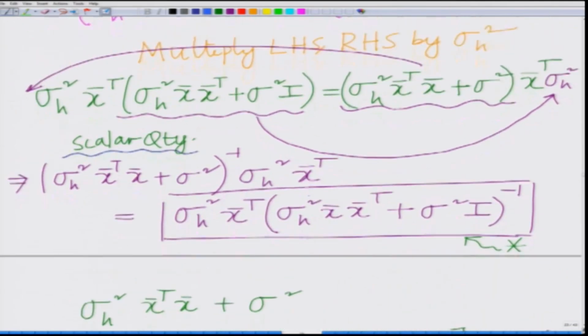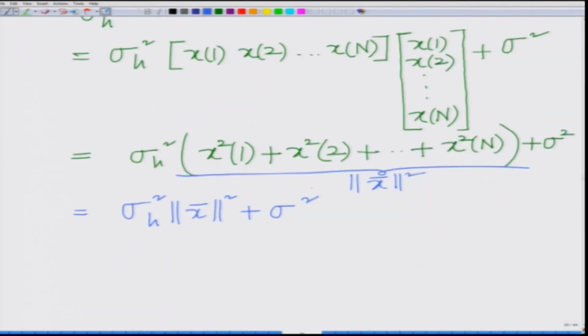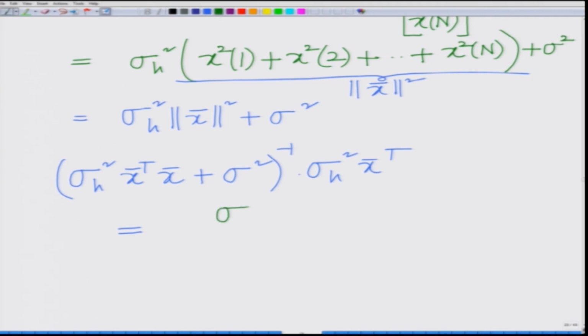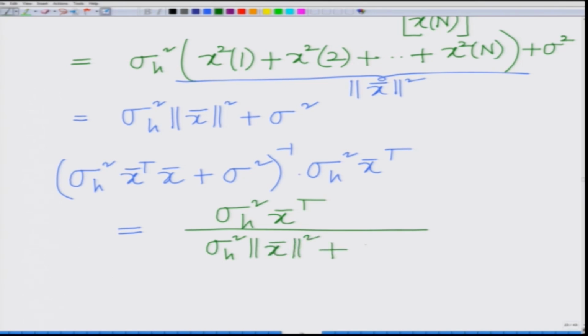And therefore, now if you take a look at this quantity here, I can write this as sigma h square x bar transpose x bar plus sigma square inverse sigma h square x bar transpose equals, now this quantity is a scalar. So, the inverse is simply going to be its reciprocal. So, this quantity is sigma h square x bar transpose divided by sigma h square norm x bar square plus sigma square.